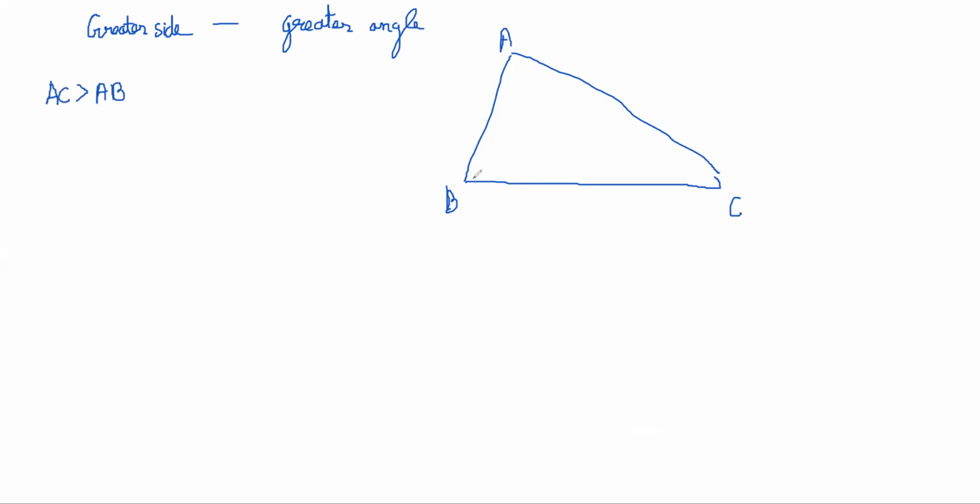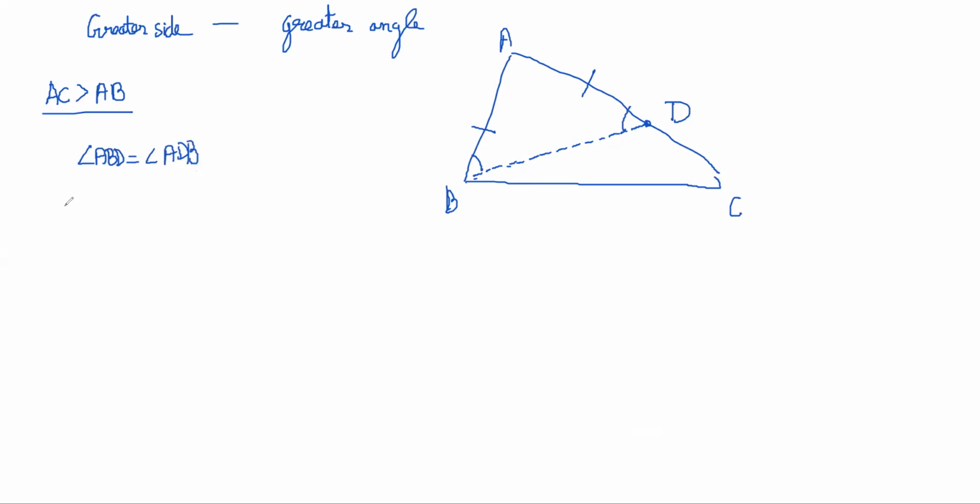Then we can choose a point D on AC such that AB is equal to AD. I can choose such a point because AC is greater than AB. Then we get equal angles here, so angle ABD is equal to angle ADB.